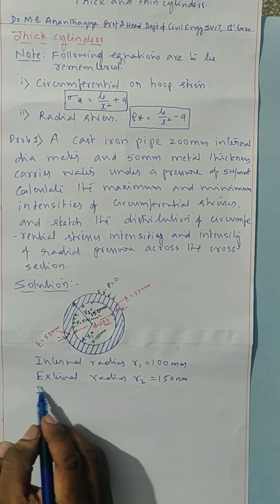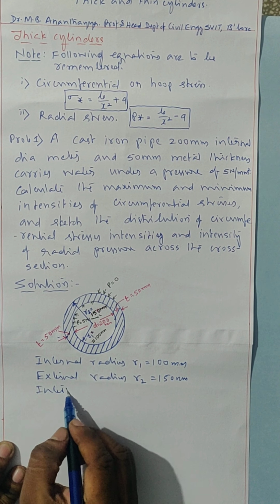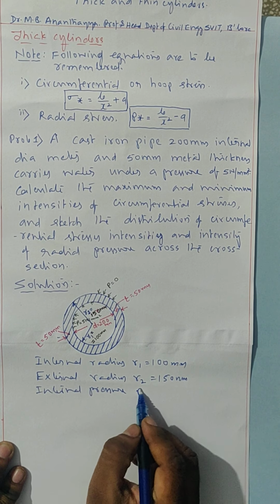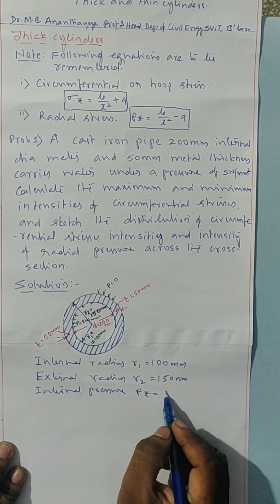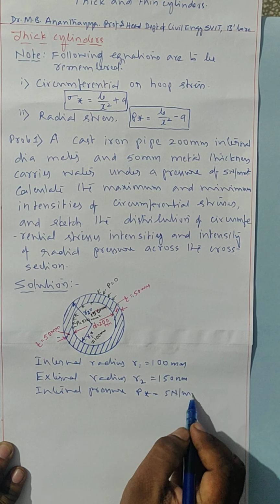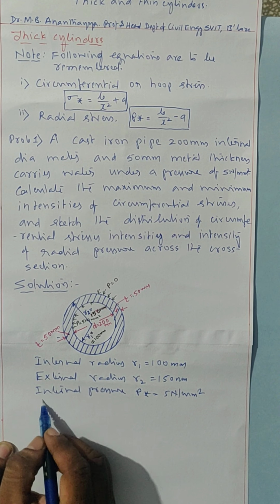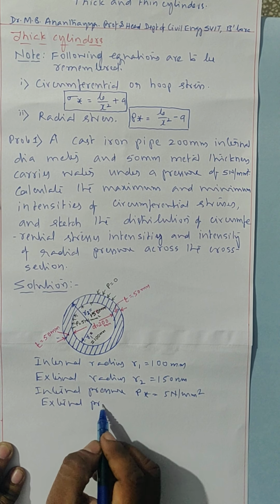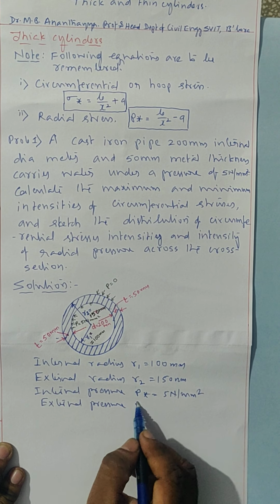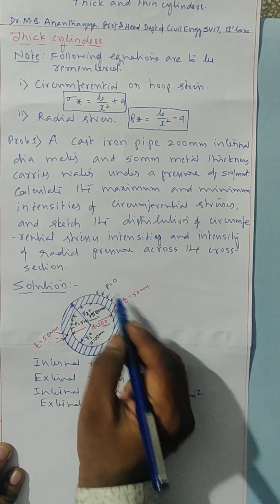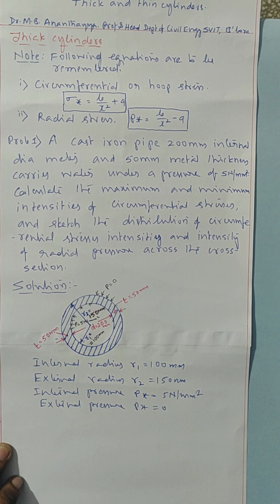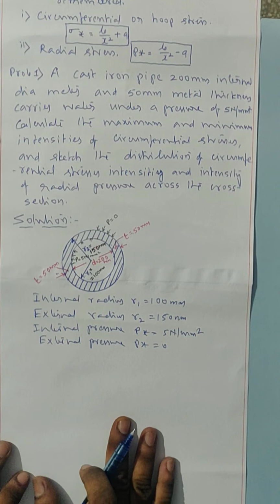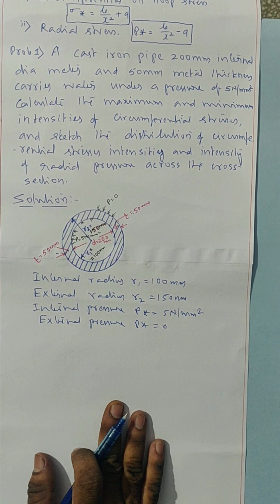Then internal pressure Px equals 5 Newton per millimeter square. External pressure Px equals 0. External pressure is 0. Now these are the given parameters.